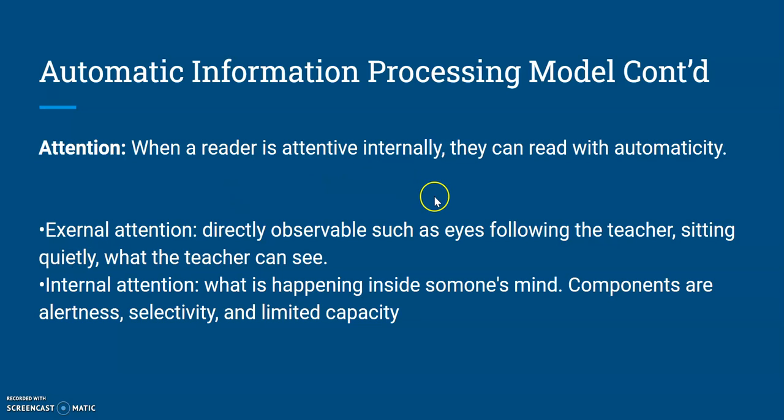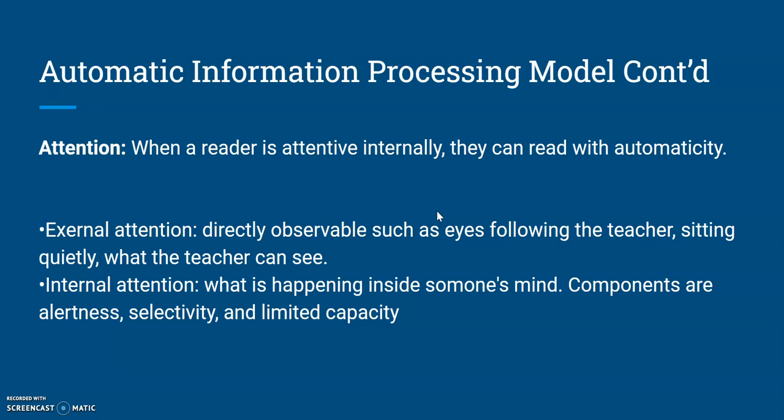When we think about attention, we want to talk about external attention and internal attention. External attention is directly observable, such as the eyes following the teacher, you sitting quietly, what the teacher can see. But in order for the automatic information processing model to work, students have to be paying internal attention, which is what's happening inside someone's mind.